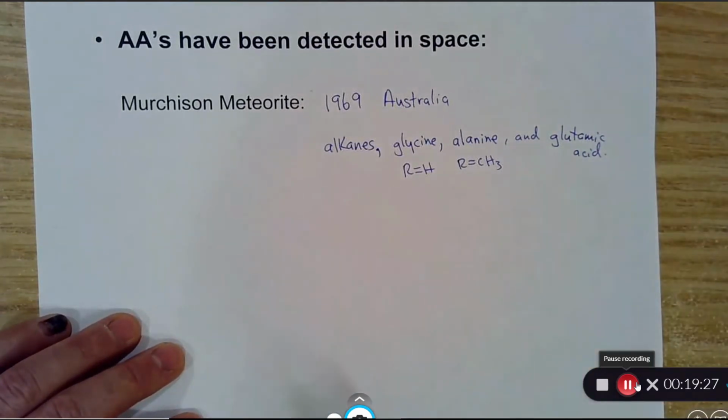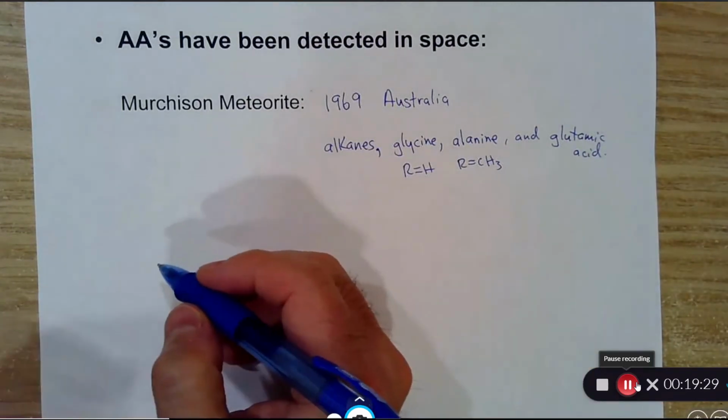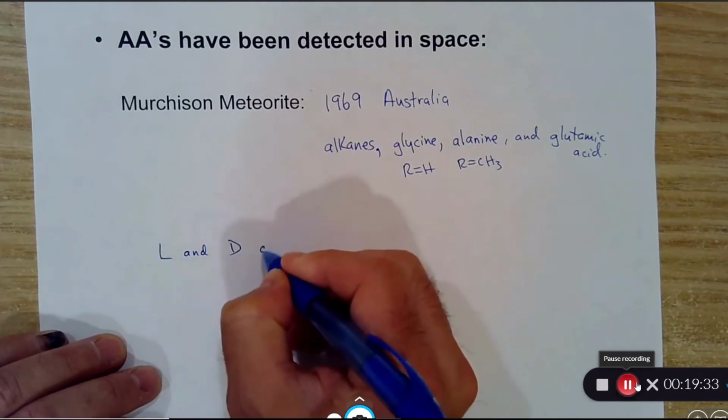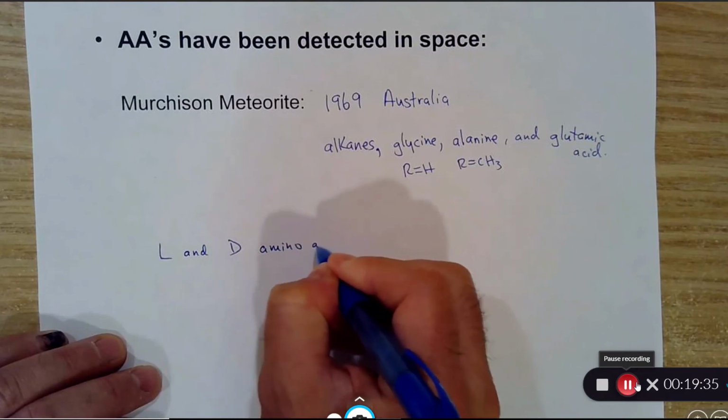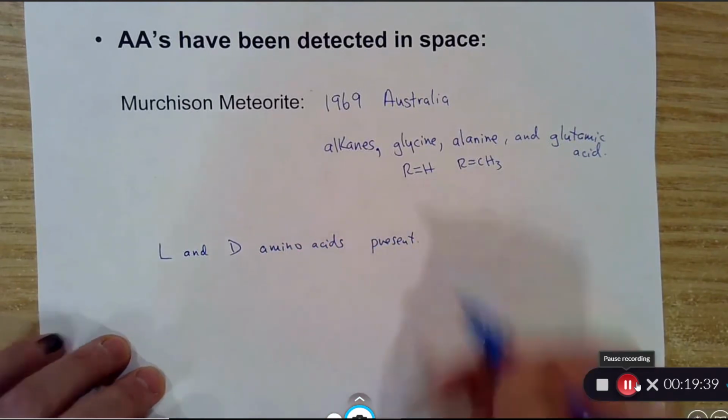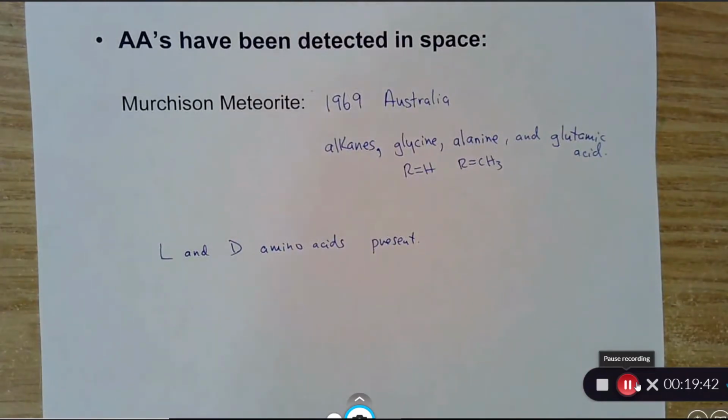And on the surface of these meteorites, they found not only these amino acids, but they found both L and D amino acids. Okay, and you might be thinking, well, we know we live in an L amino acid world, and this is going to segue to the next section.